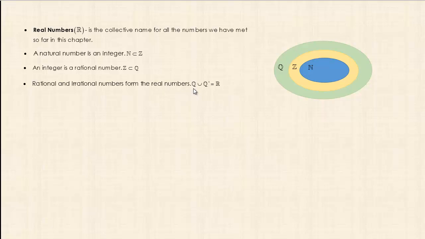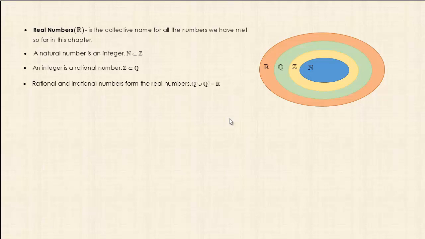So if we combine the sets rational and irrational, we get the real numbers. So the real numbers fit around the outside like this, and the outside region here contains the irrational numbers, i.e. those that are not in the set Q.